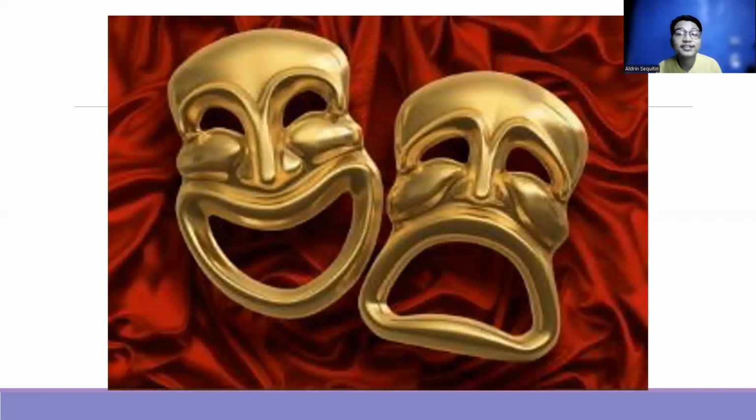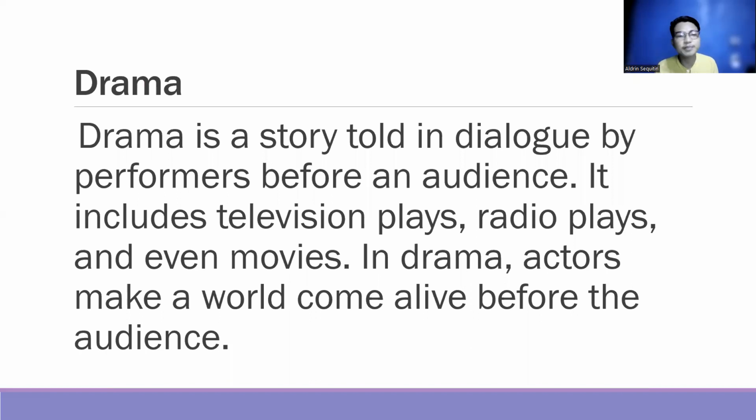So let's have the definition of drama. When we speak of drama, I keep on saying that this is a genre of literature that is designed to be performed, meaning we need to present this story in front of an audience. Drama is a story told in dialogue by performers before an audience.